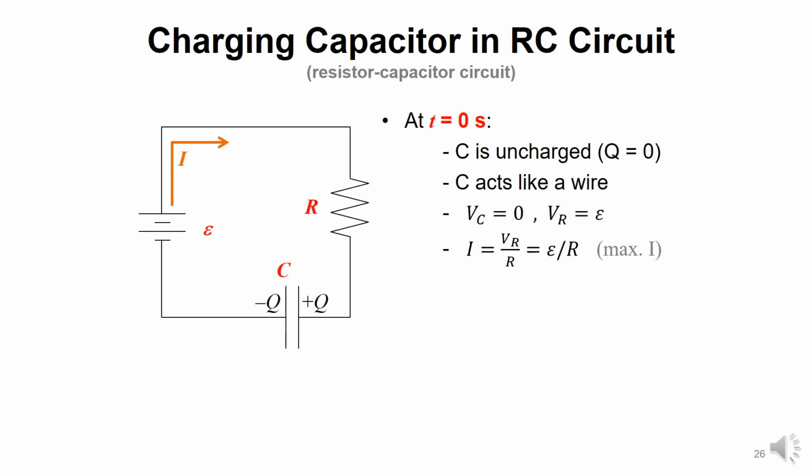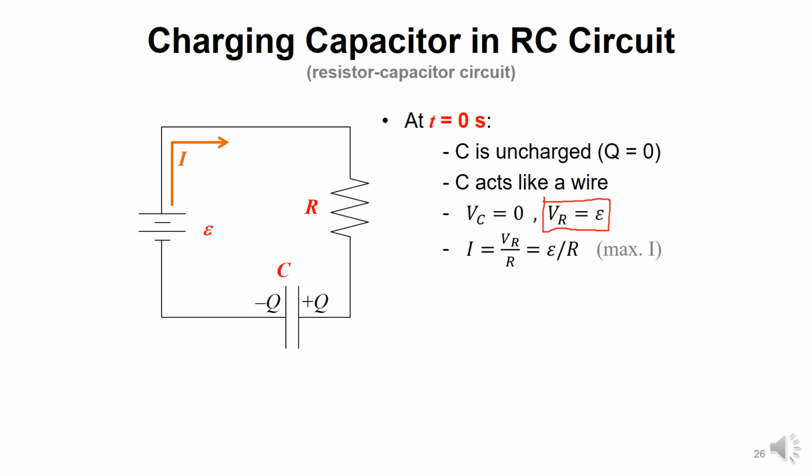battery voltage must entirely drop across the resistor. So the battery has some certain voltage, and in a closed circuit, in a loop, whatever the battery voltage is, it must be dropping across all the components. In this case, the capacitor has 0 voltage, which means the battery must drop all its voltage across the resistor. So we say the resistor voltage VR is equal to E. Let's put it in a box.